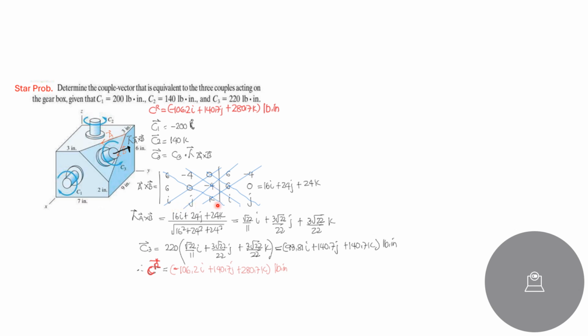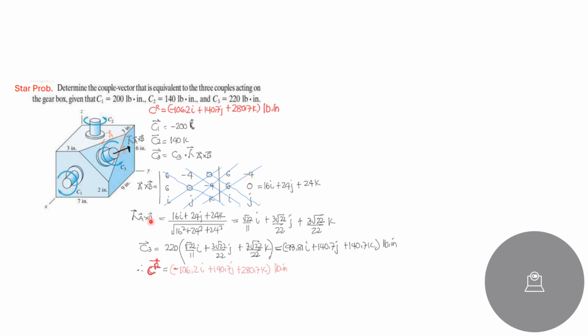Then IJK, copy the first two column elements, then expand. So we have negative 4, so that's 16i minus 0, so 16i. 0j minus negative 24, so that's positive 24j. Then 0k, then negative of negative 24, that's positive 24k.